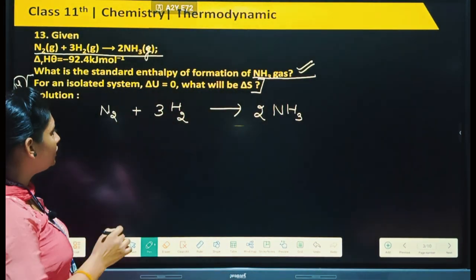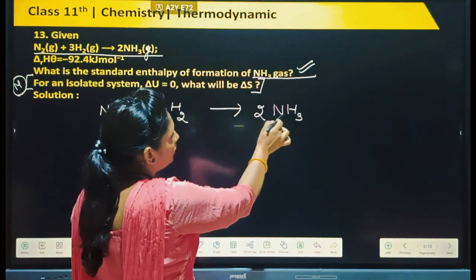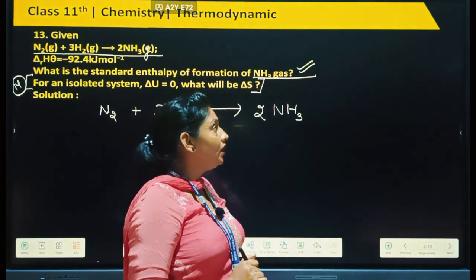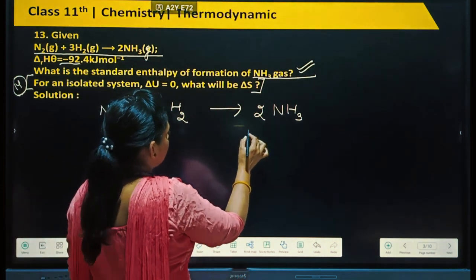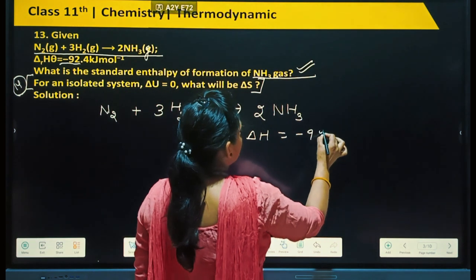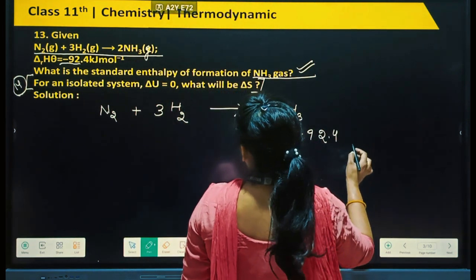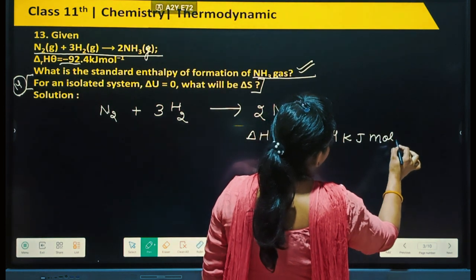Okay. Then students, here this is the question given to you. N2 plus 3H2 giving us ammonia. Here the enthalpy change for this one is minus 92.4 kilojoule per mole.